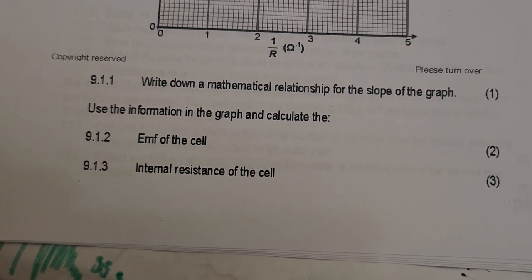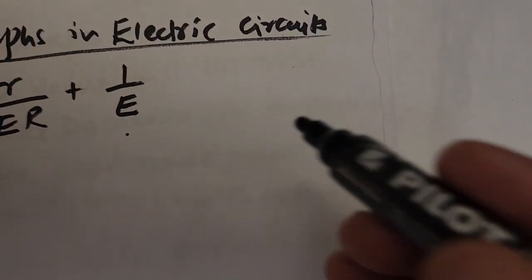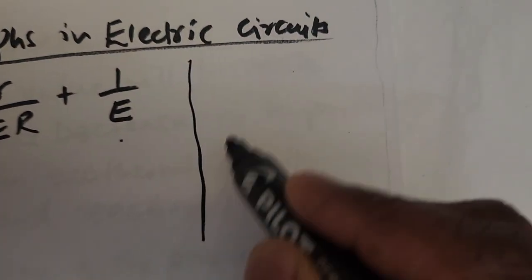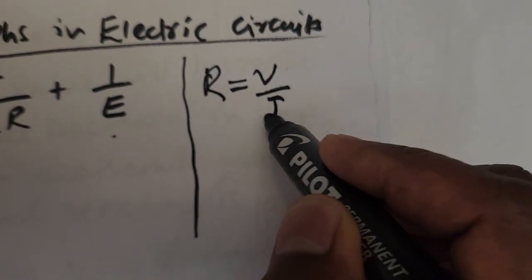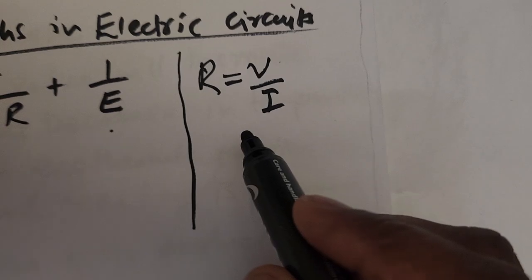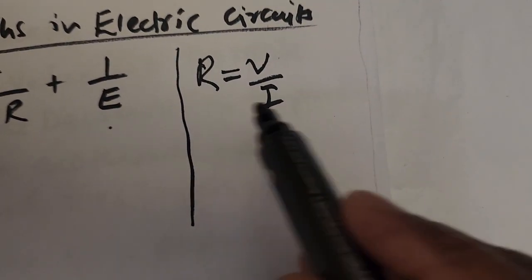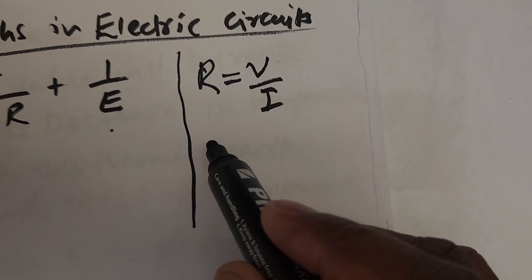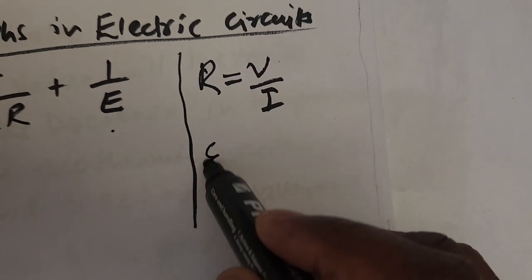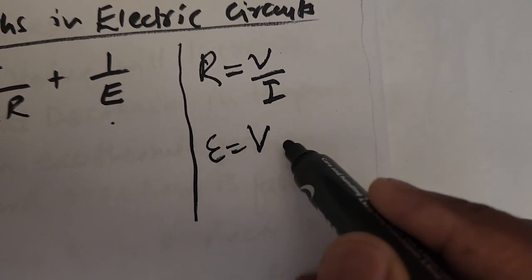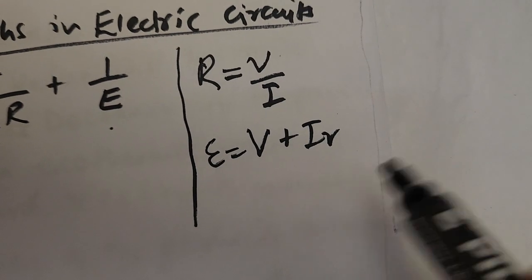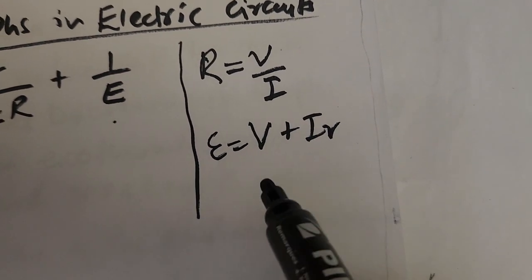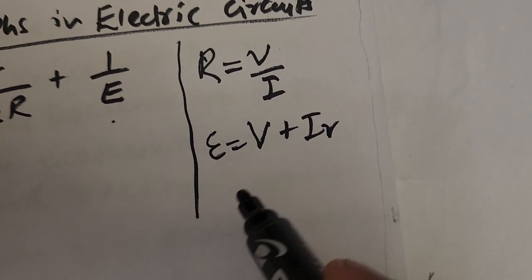Don't forget that the graphs that I was talking about, let me just quickly tell you where the equations come from. Remember, Ohm's law, R equals V over I, will have 2 graphs, V against I and I against V. Again we'll have EMF equals V external plus Ir. That will have also 2 graphs, one with the slope of negative r, another one with the slope of negative 1 over r.